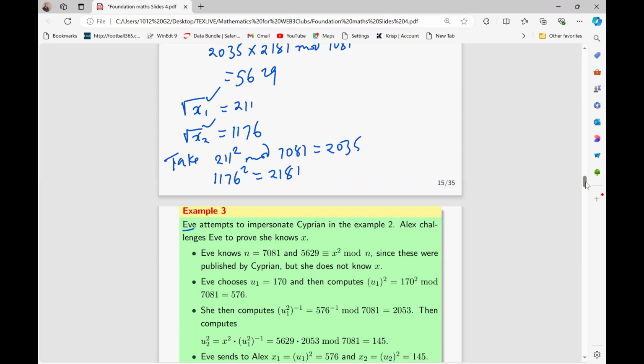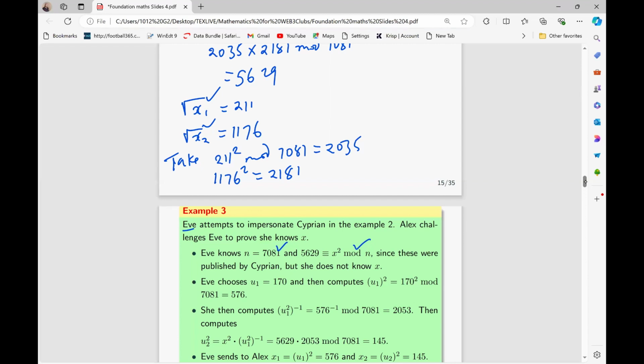Now, Alex asks Eve to prove that she knows X. She had seen the communication between Alex and Cyprian. She had seen N, and she had seen X square. But Alex will ask her somewhere to get the square root of X1.